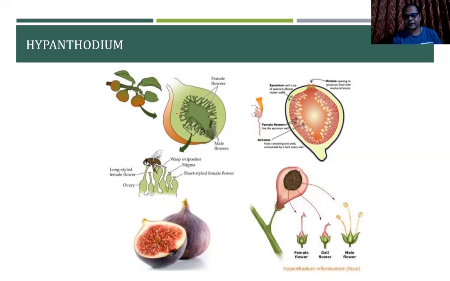This inflorescence is what we call the hypanthodium. On the legs of the wasp, all the pollen grains get deposited when it enters the hypanthodium.